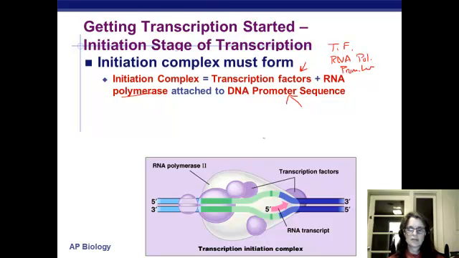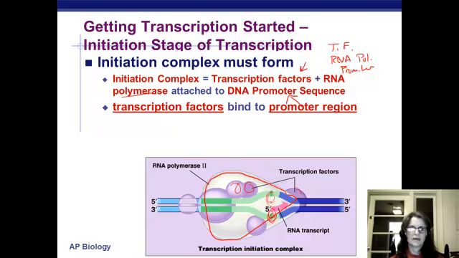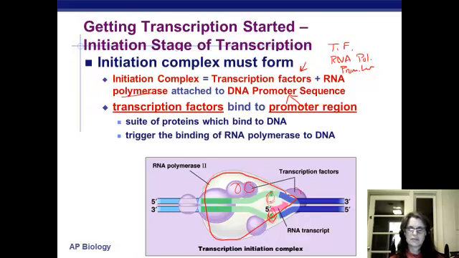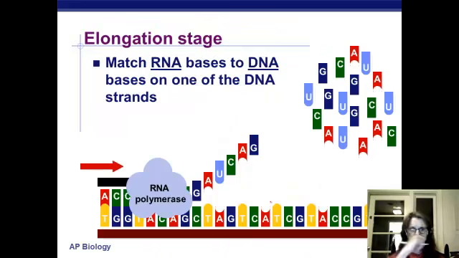Those are the 3 things we need to bring together, and this diagram is showing the little purple bubbles here are all the transcription factors required, and this big thing here is RNA polymerase, and then the promoter sequence would be a spot on the DNA right in here. So the transcription factors bind to the promoter and trigger RNA polymerase to bind.